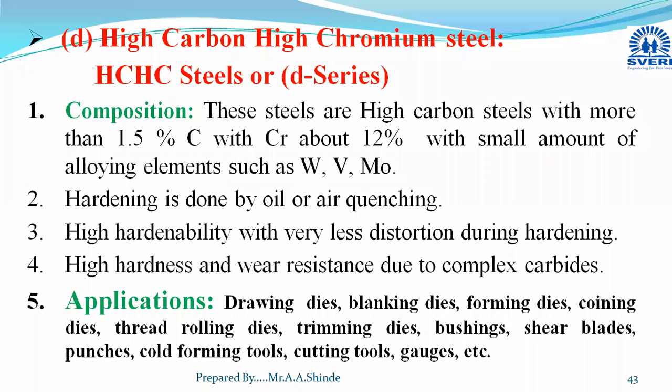Hence these HCHC steels have high hardenability, and their hardening can be easily done using an oil medium or air medium, that is, with the help of oil or air quenching.